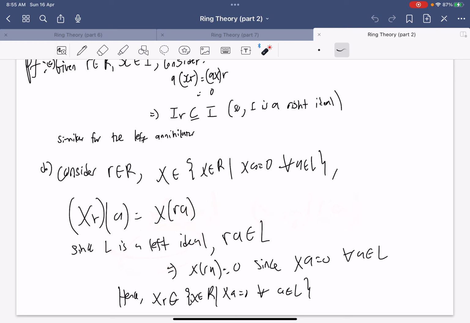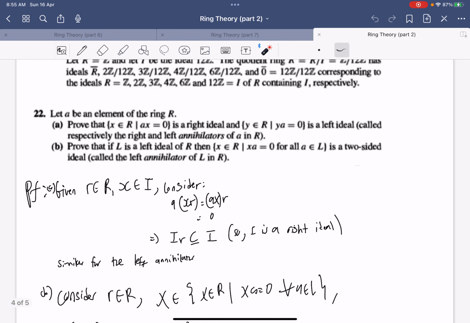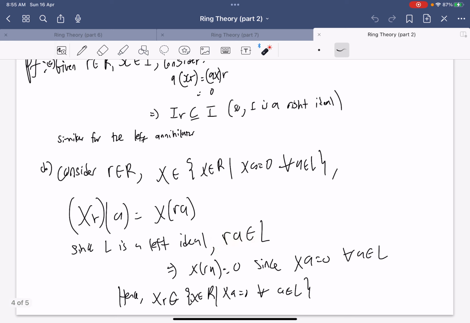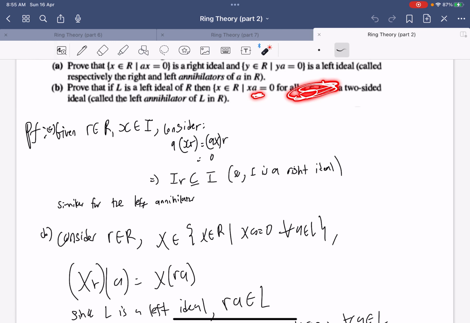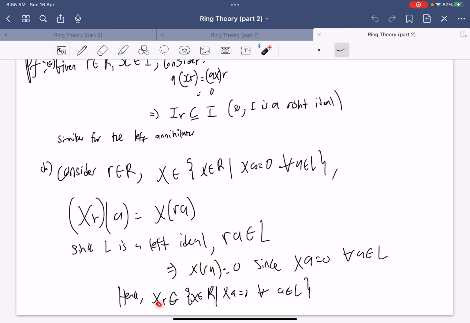But because L is a left ideal, ra will be an element of L. L is a left ideal, so ra being an element of L, then you take r and multiply with a, it will still be an element of L. And since x times a for all elements in L equals 0, this a can now be replaced with ra, and so x times ra is 0, and so xr is an element of the following ring, and we are done.